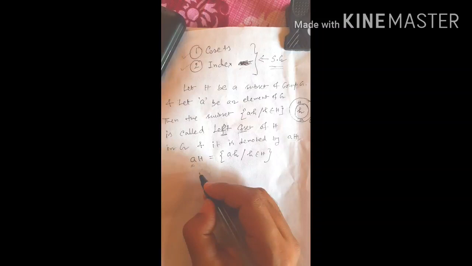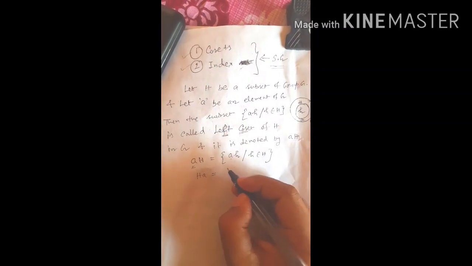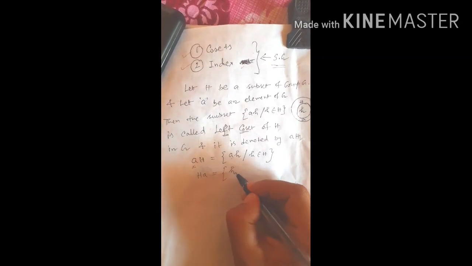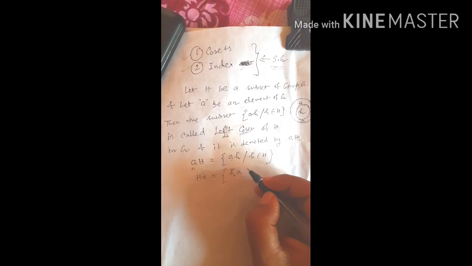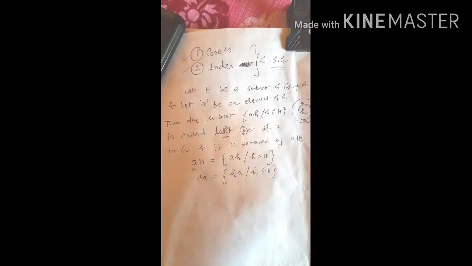In the case of a right coset, we write Ha, which has elements of the form ha, where h belongs to H. This is the right coset and this is the left coset.